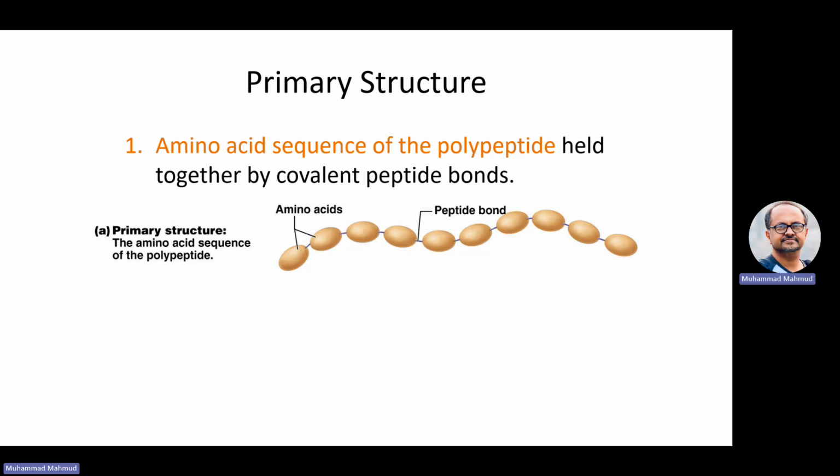You see every bit here on this string is an amino acid, and they are bound together by peptide bonds. This amino acid sequence of the polypeptide, held together by covalent peptide bonds, is very simple. This is called primary structure. So multiple amino acids are making peptide bonds, and this is primary structure.